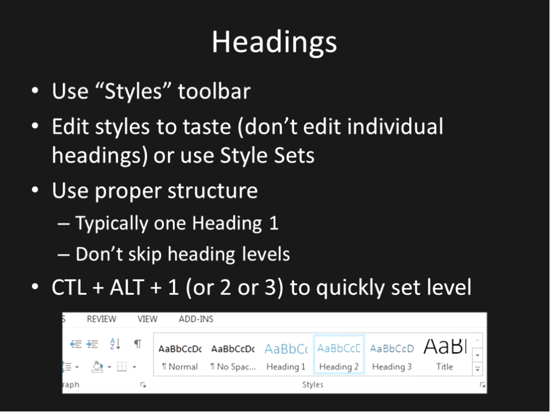The difficulty is that if you were to take that Word document and convert it to HTML or save it as PDF, there really is no equivalent semantics for title in HTML or in PDF. And so that main title in some ways becomes lost. It's just big bold text. So that's one reason why we recommend starting with the heading 1 as opposed to the title style.